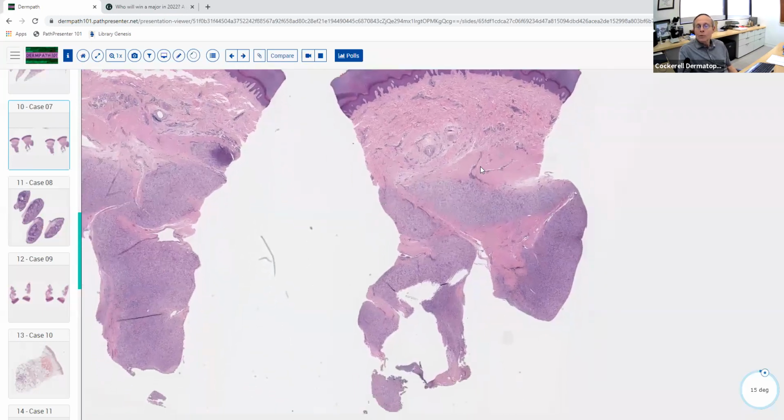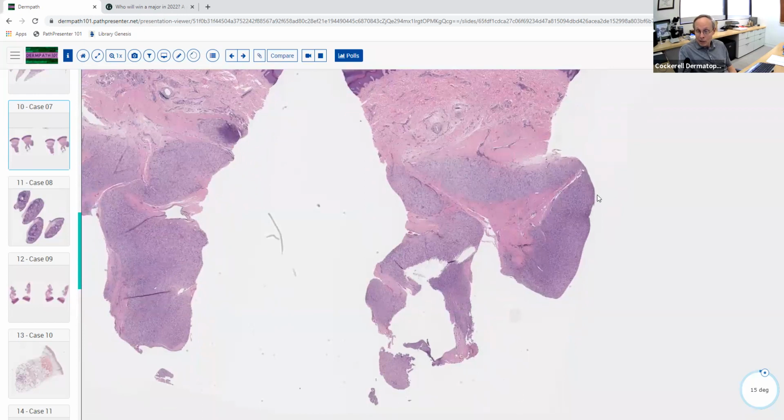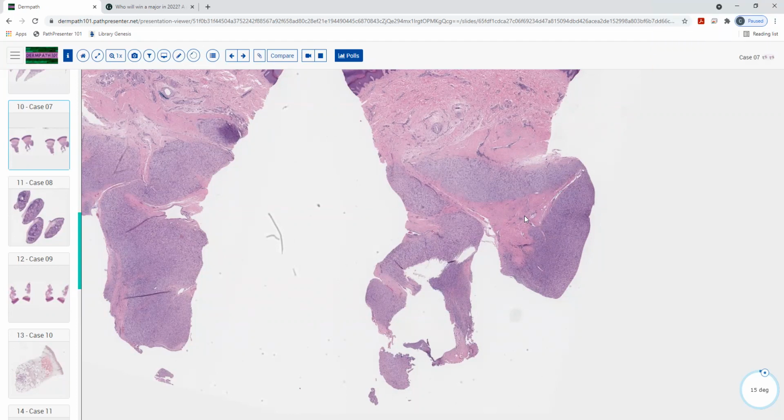So getting back to the actual diagnosis, the changes are down here in the lower part, maybe almost beneath the skin. And did you think this was an inflammatory or a neoplastic process? Because it's so discrete, and I didn't see that many changes up above, I favored a neoplastic process. Good.